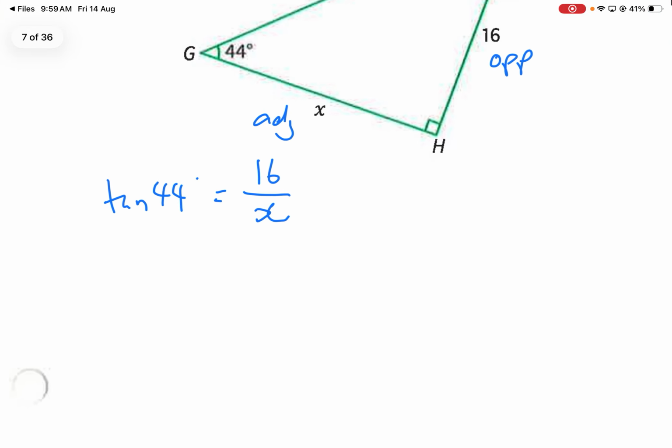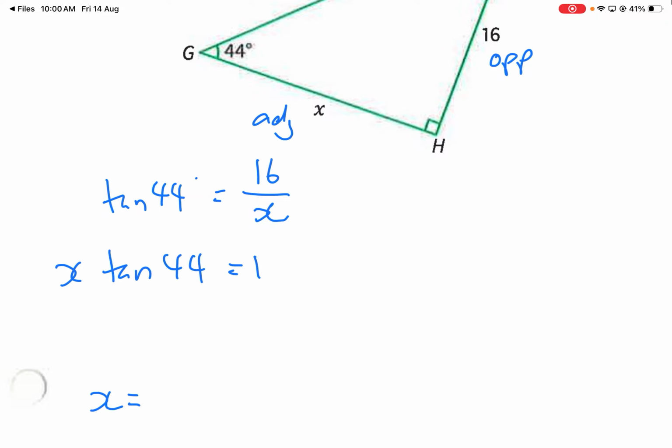Then, solving equation, I want x to be numerator. So I don't want x to be denominator. I don't want the denominator, I multiply. Times x to both sides. Again, do one thing at a time, enough already. Just do one thing, move my x. After that, then tangent 44 is a number.